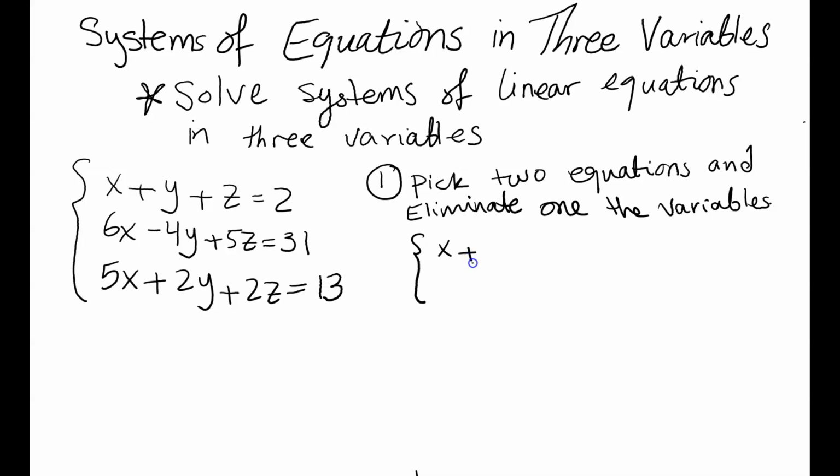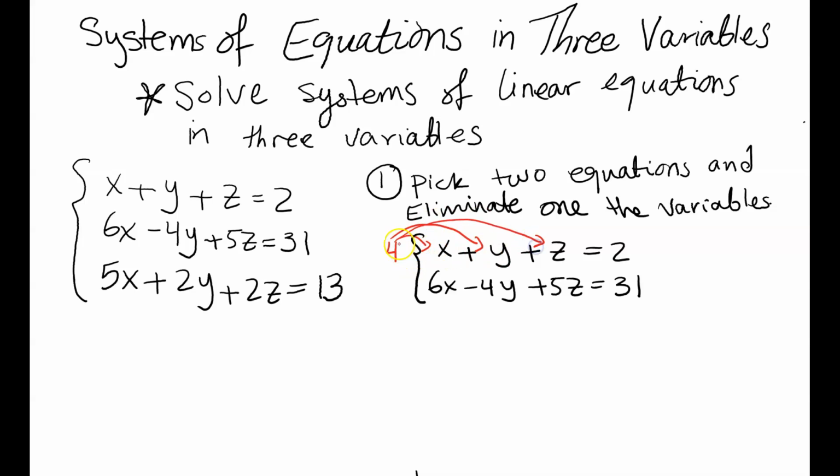x plus y plus z equals 2. 6x minus 4y plus 5z is equal to 31. I'm going to eliminate y here by multiplying the first equation by 4. If you notice, this is going to be 4y, and then it cancels with negative 4y when I eliminate it.